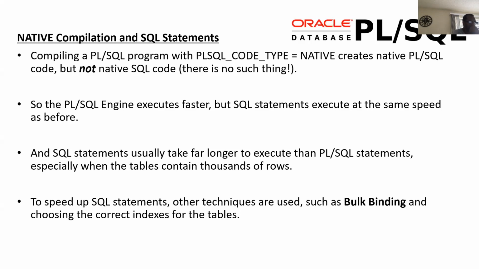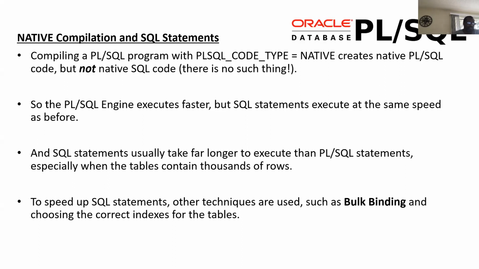So basically, if you have PL/SQL, changing the parameter will improve the performance. But if you have SQL, you have to look at other things. The PL/SQL engine executes faster, but SQL statements always execute at the same speed, and SQL statements usually take far longer than PL/SQL code.